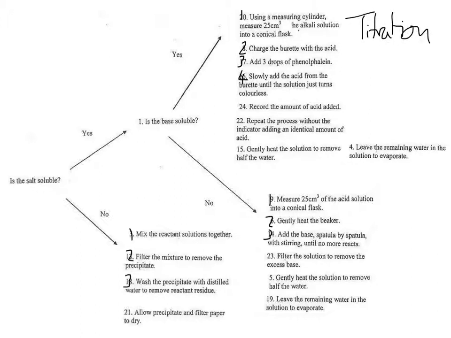So you have to do a titration if the salt and the base are both soluble. And these are the steps of the titration, and we saw a titration in the previous video. So that would be step 5, step 6, step 7, and step 8.